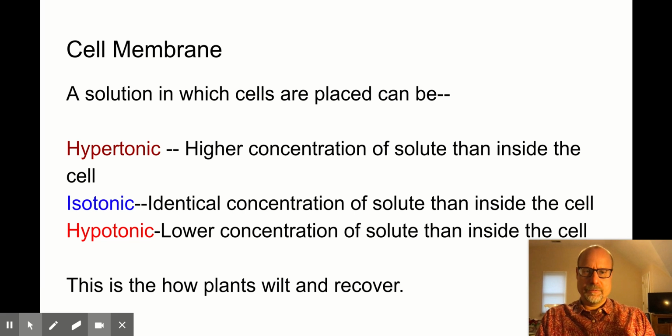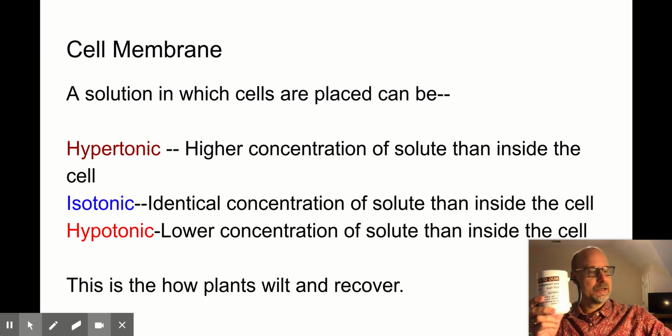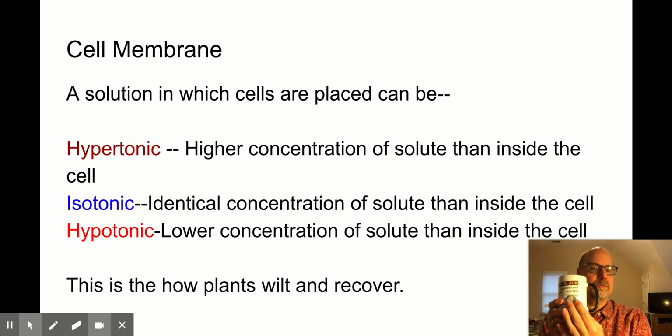We just finished talking about how if you have a cup of liquid, a solution that has a certain amount of solute and a certain amount of solvent in it, and then you put a little cell inside that cup, it's got a cell membrane around it.